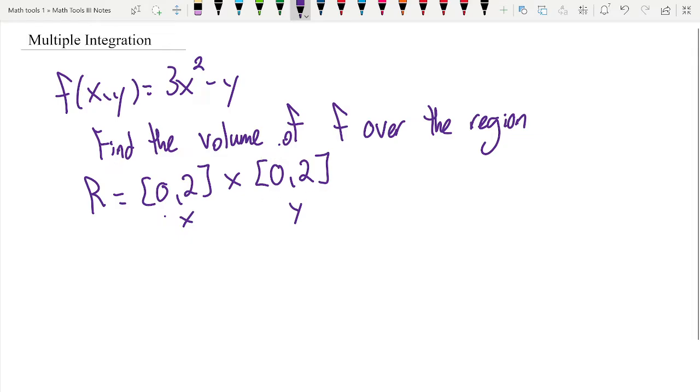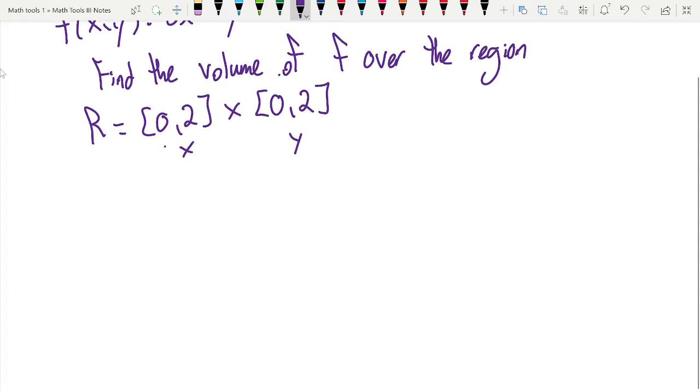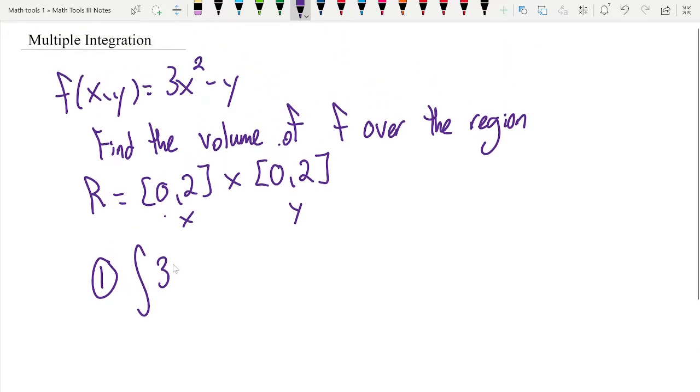So if we wanted to find the volume, what we would do is first integrate this 3x squared minus y with respect to one of the variables, say x, over that region, so 0 to 2.